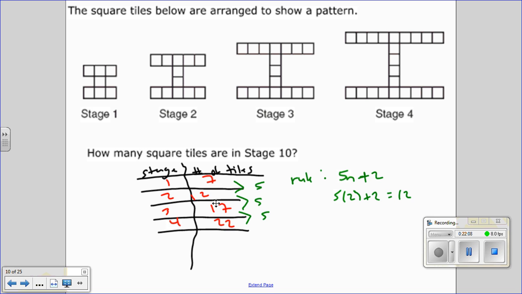So that verifies. So if I'm using the rule for stage 10, that would be 5 times 10 plus 2, which would be 50 plus 2, or 52.